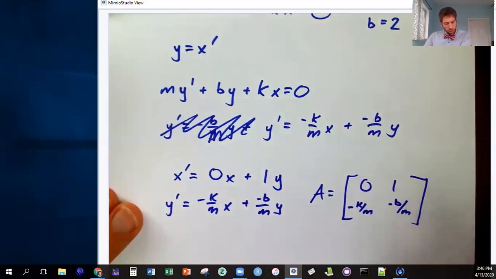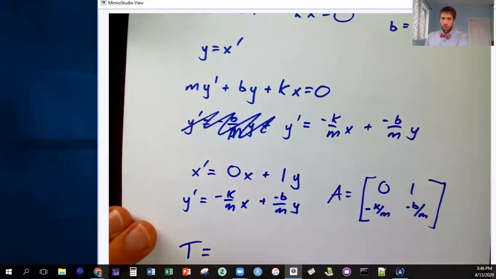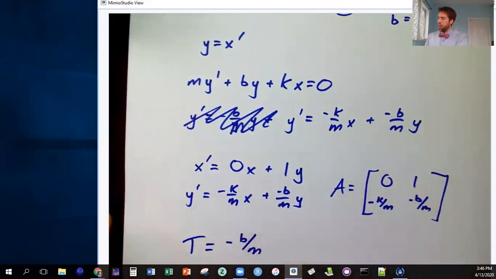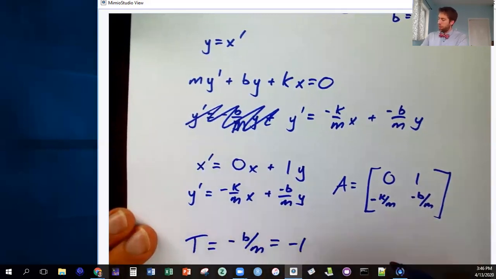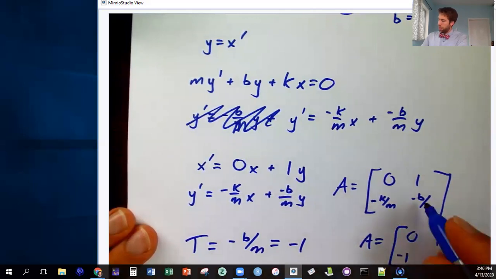Okay, so the trace and determinant of our coefficient matrix. Trace is adding up the diagonals, so that's negative b over m, and I should use the fact that m and b are both 2, so it's really negative 1. I should rewrite A with our actual numbers: 0, 1, negative k over 2, and negative 1.